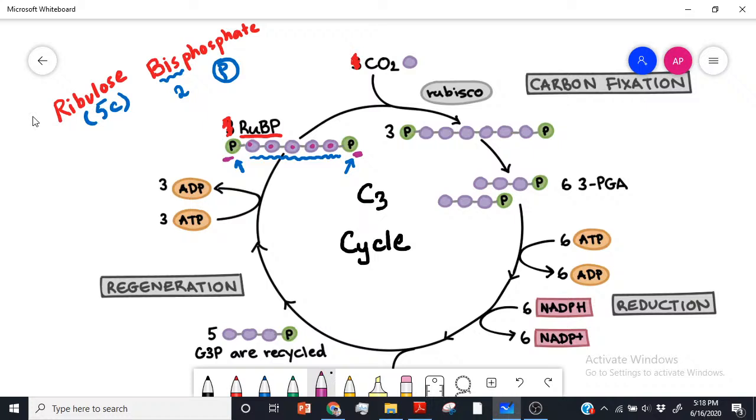So hence over here in this chart we have signified CO2 with one purple circle, right?